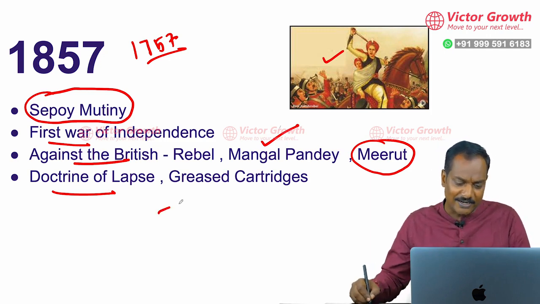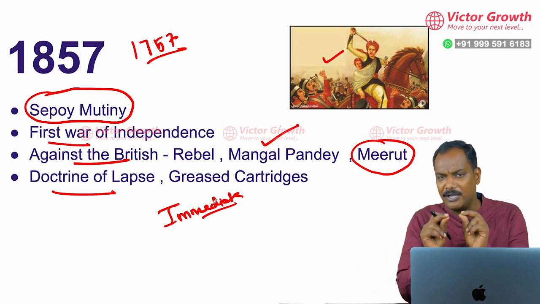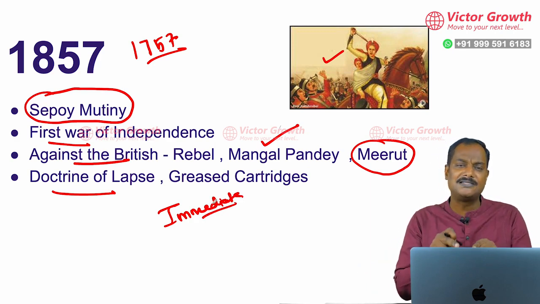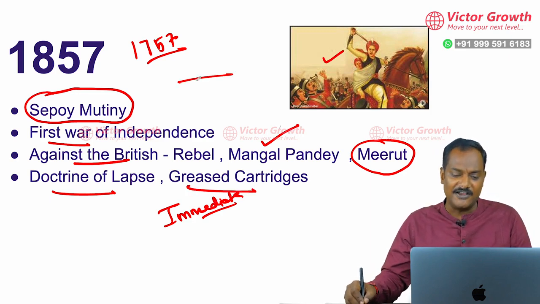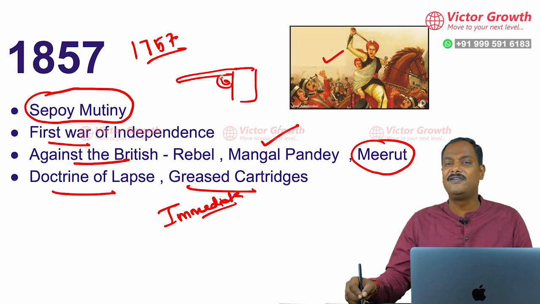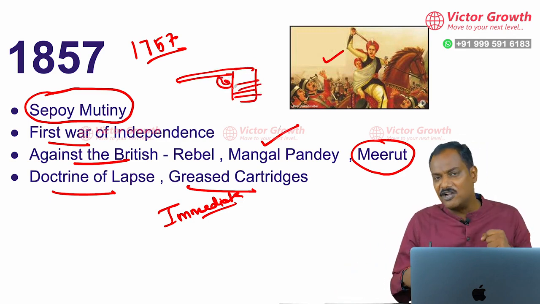Another reason, in fact, you can write down as the immediate reason. You have a lot of aversion towards something, but one fine morning a spark comes. That spark is the greased cartridges. The rifle issued and used by the Britishers has to be filled with cartridges, that is the bullets, and they have to be bitten off with your mouth.